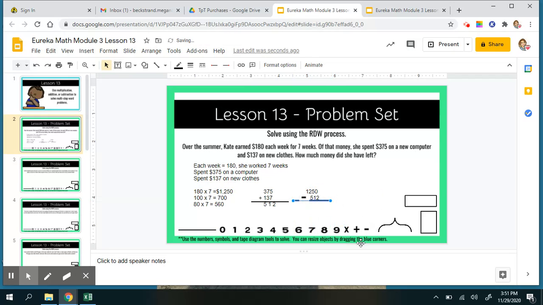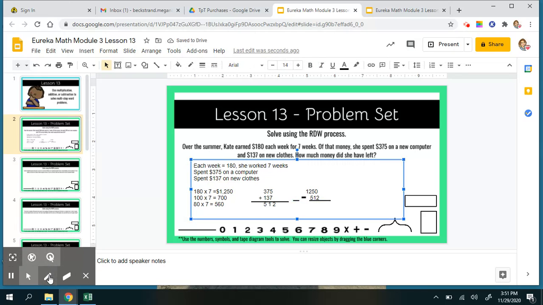Okay, so we're going to have to do some borrowing. So 0 minus 2 we can't do. We're going to have to borrow here. That's going to become a 5. Our 0 is going to become 10. So 10 minus 2 is going to give us 8.